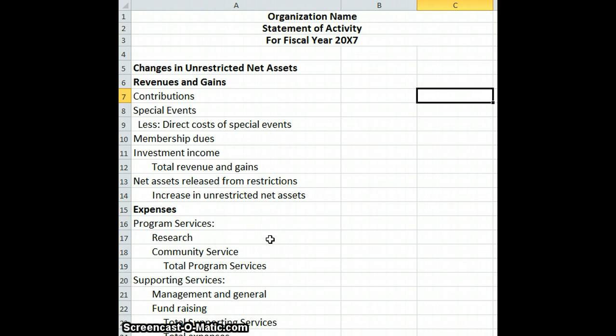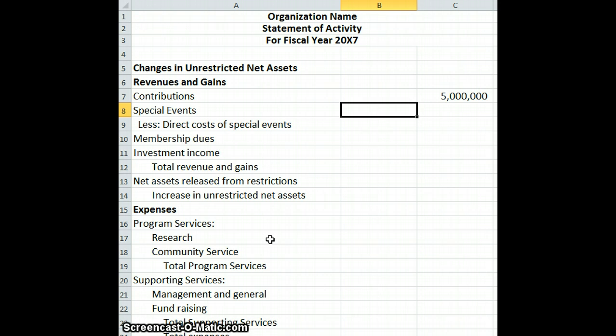So let's start off with contributions. With our unrestricted net assets, so our revenues and gains, we have contributions of $5 million. They're unrestricted, so we're going to put that there. Next, we're going to have our special event revenues.